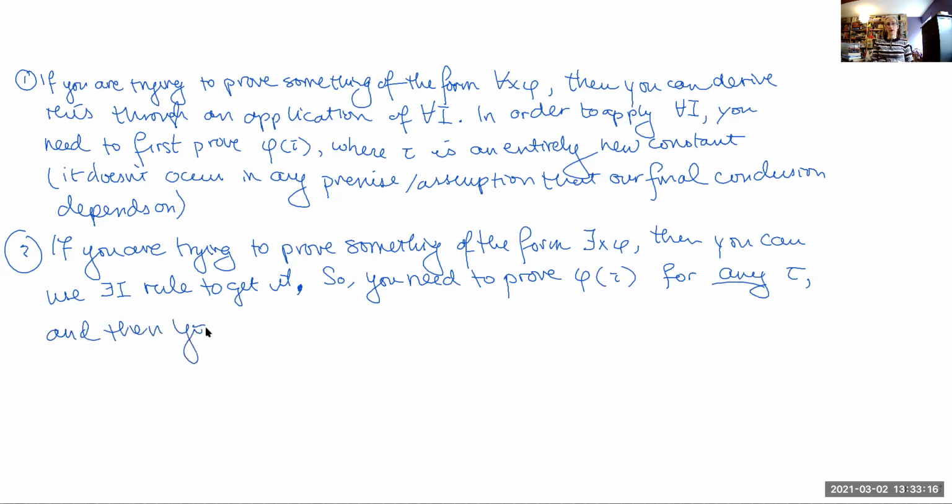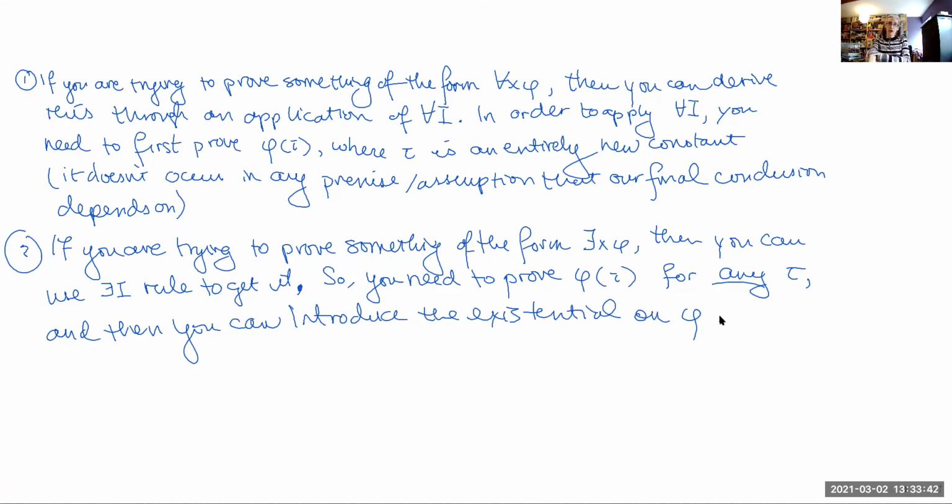And then you can introduce the existential on phi. So in each of these cases, how do you get a formula with one of the quantifiers as the main connective? You use the quantifier introduction rule for the relevant quantifier.